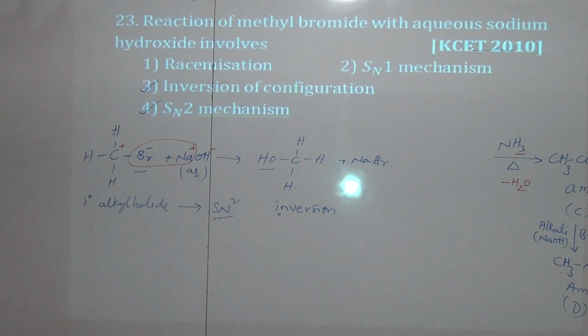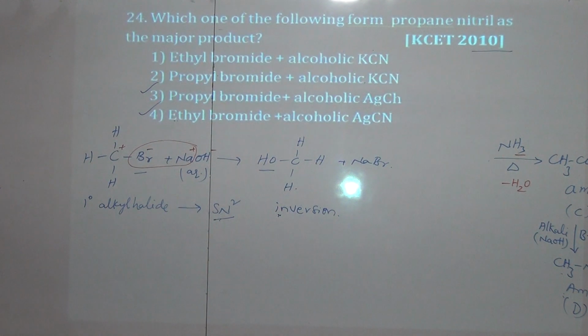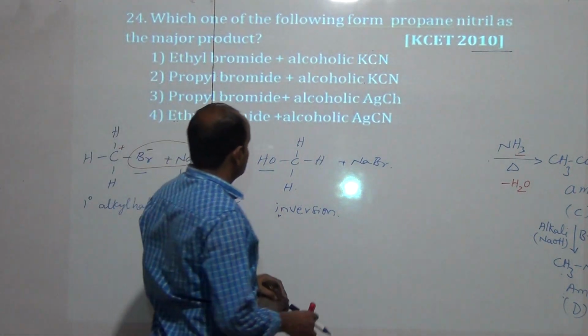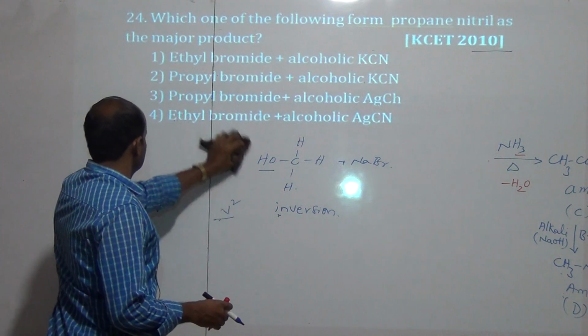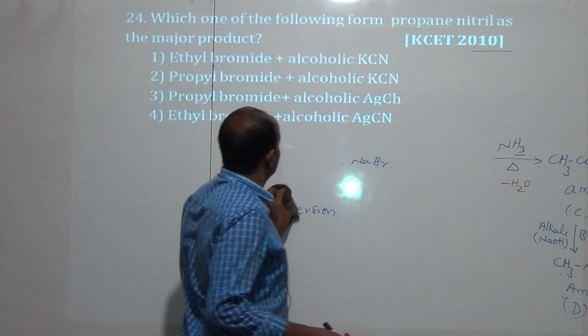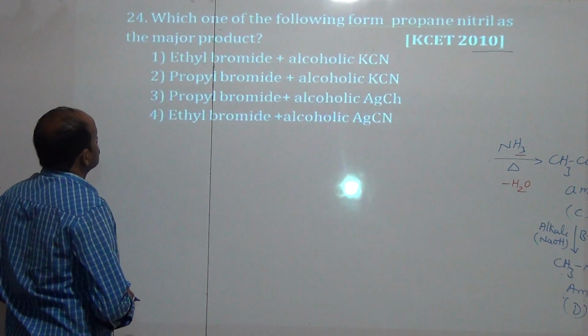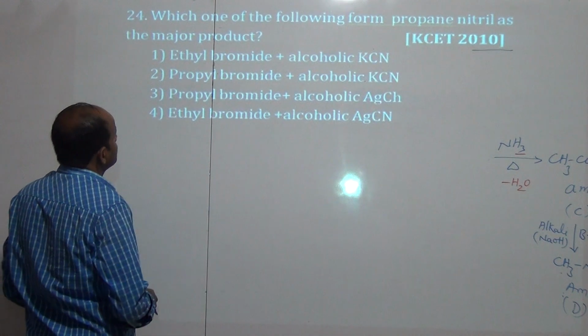Next question. Which one of the following forms propane nitrile as the major product? What have they given here? They have given the product, but they asked for the reactants.